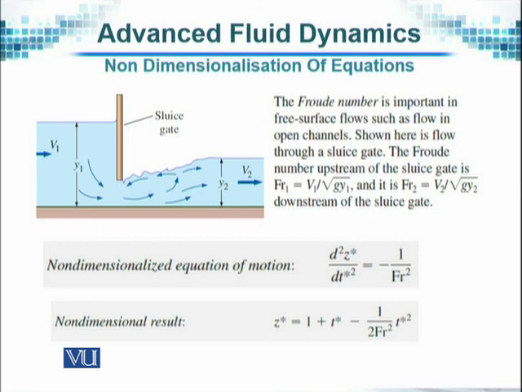You can see the initial point, the velocity is V1, the height is Y1, and later on it develops into a flow whereby the velocity is V2 and the height is Y2. And you can see the Froude 1 and Froude 2 have the values as shown, and both of them are non-dimensional numbers.